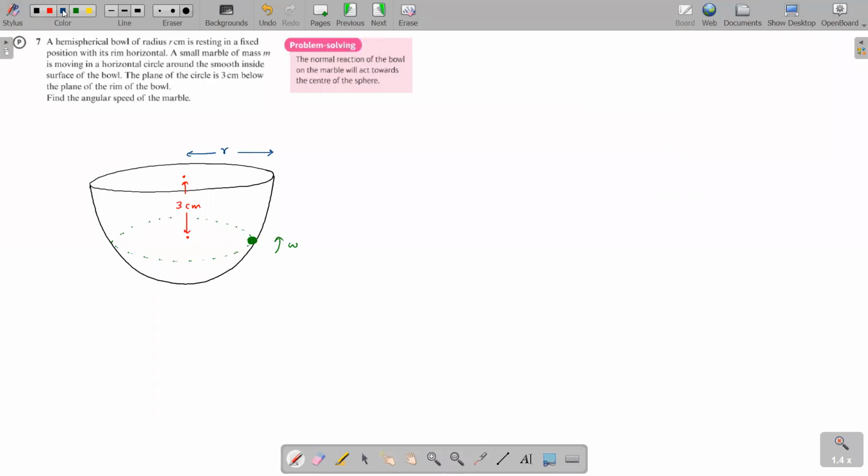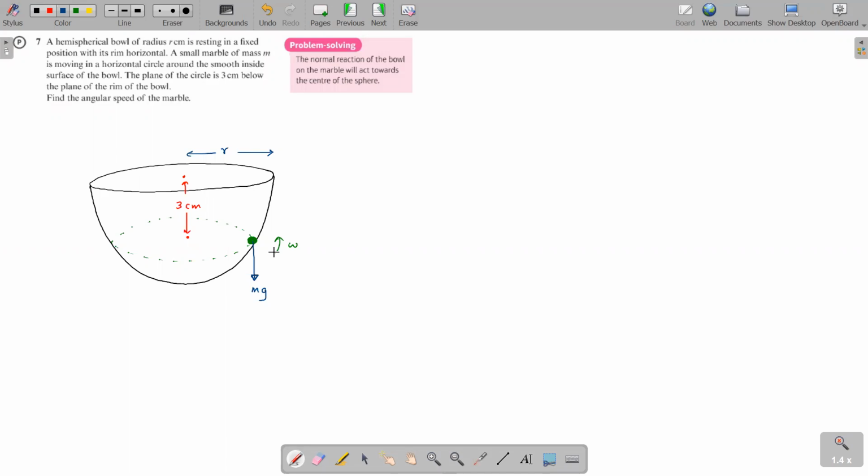The first thing we have here is the weight. The marble is of mass m, which means the weight is mg. And the other force you have here is the contact force, because the marble is in contact with the hemisphere.